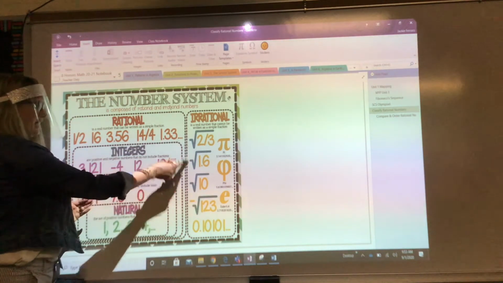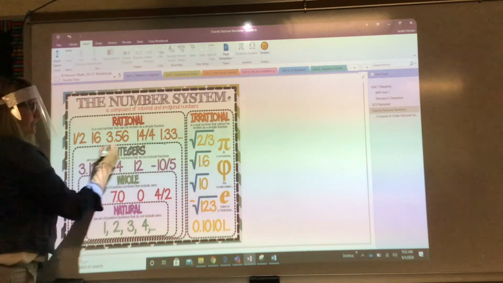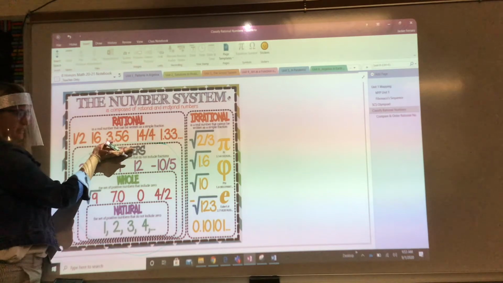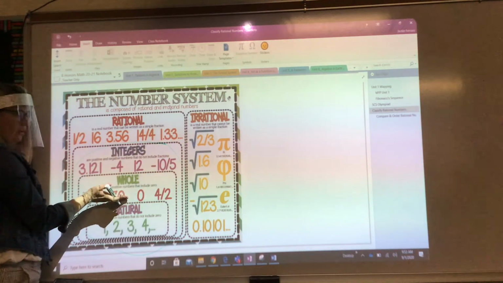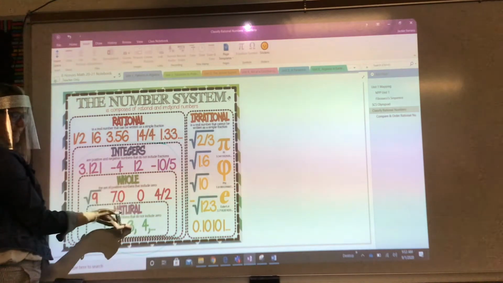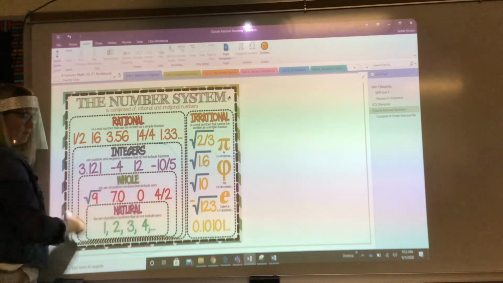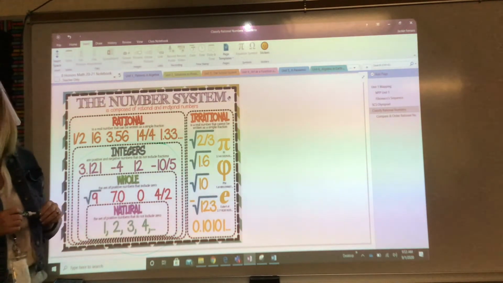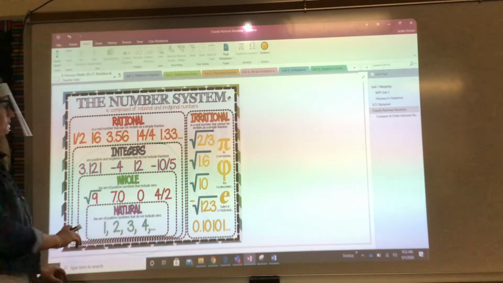Whole is inside of integer. Everything in the smaller circles is also included in how the number is classified. We'll go through some of those.